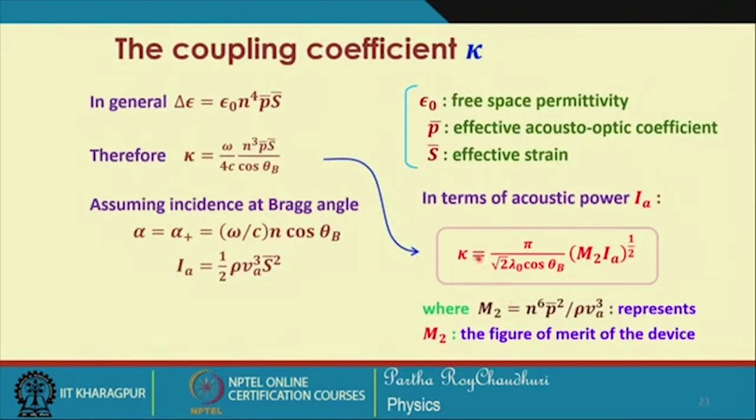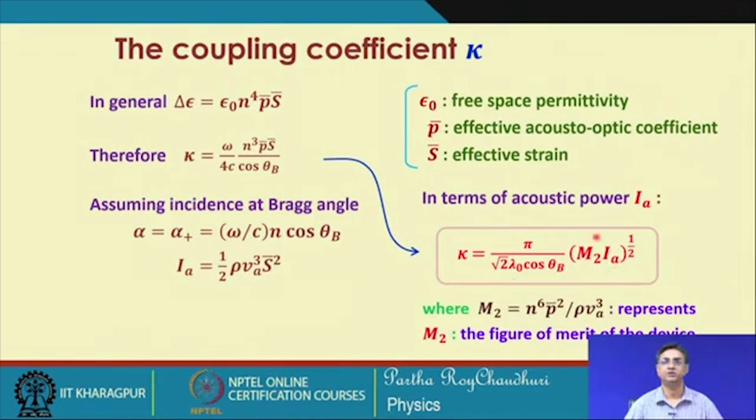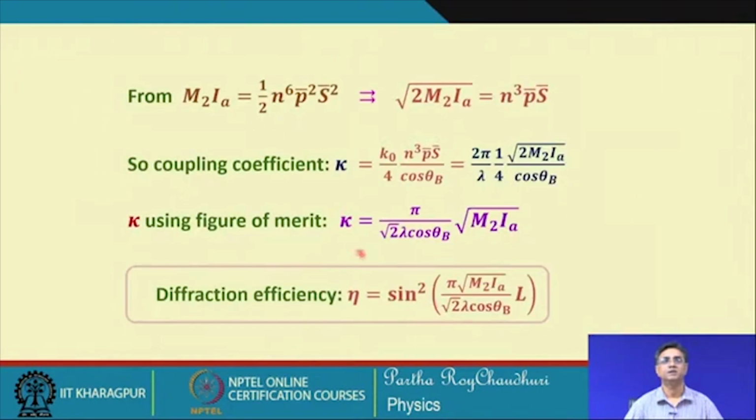Therefore, we can write this coupling coefficient in this form, which will be twice pi under root lambda 0 cosine beta, and the figure of merit multiplied with the acoustic power. In terms of this figure of merit we represent this coupling coefficient, which is very useful.